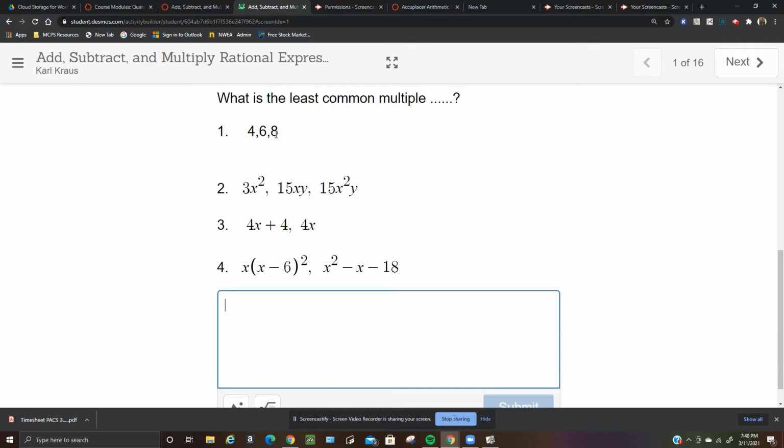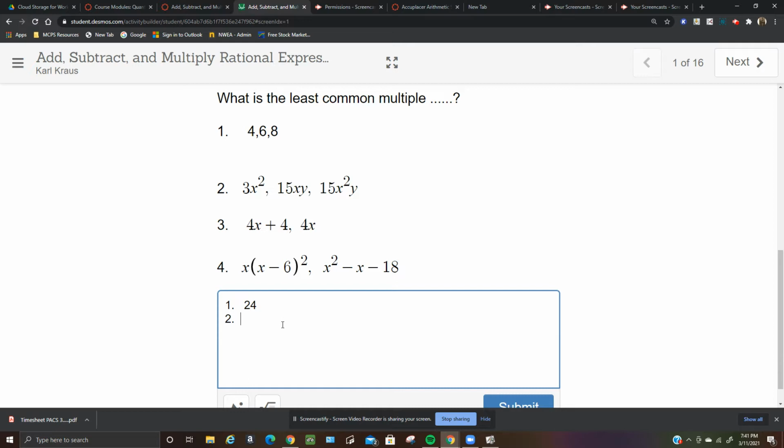So 16 and then 24. So number 1 is 24. So you take the largest number and multiply it by 1, 2, 3, and so on, and see if the other two numbers divide evenly. So 24 is divisible by 8, 6, and 4.